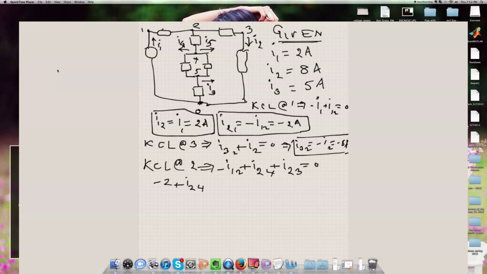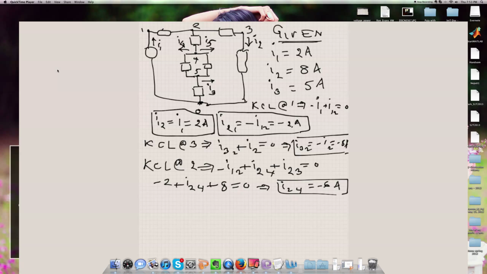I23 is just the opposite of I32, so opposite of minus 8 is plus 8. Alrighty? So that will give us equals 0. So I24 plus 6 equals 0, meaning I24 is minus 6 amp. All right, this is minus 6 amp. So that's another answer. We got it.